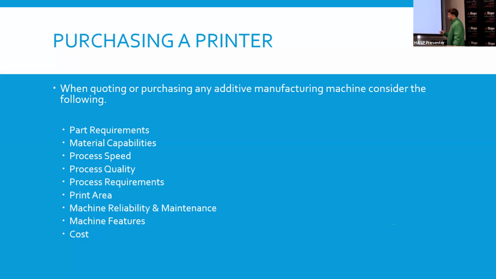Material capabilities. This counts for triple F printing and every one of them out there. Because if I'm going to go buy an SLM printer for only aluminum, I'm wasting my money.